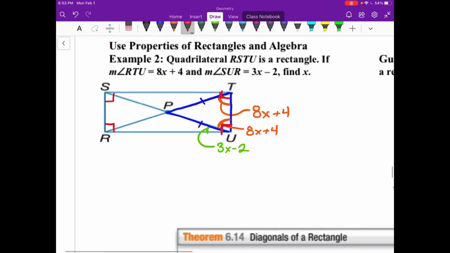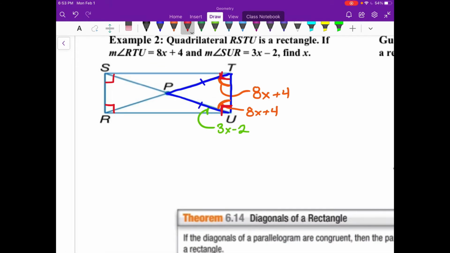So if that's a right angle, that means that those two angles have to add up to 90 because there's 90 degrees in a rectangle, or a right angle. So 3x minus 2, my green angle, plus 8x plus 4 has to add up to 90 because they make a right angle. I'm going to combine my like terms. I've got a 3x here and an 8x there.